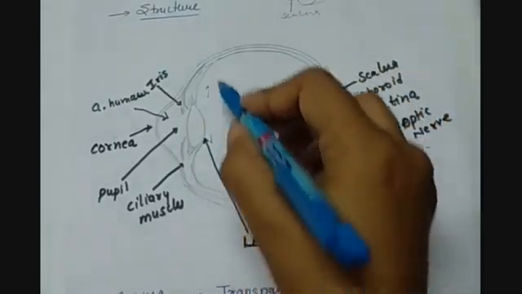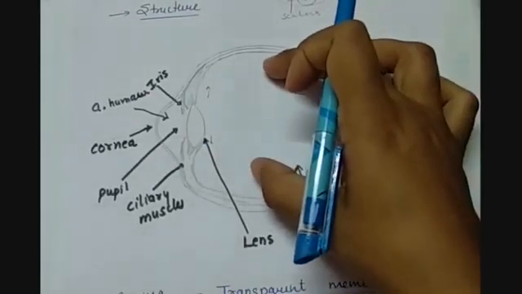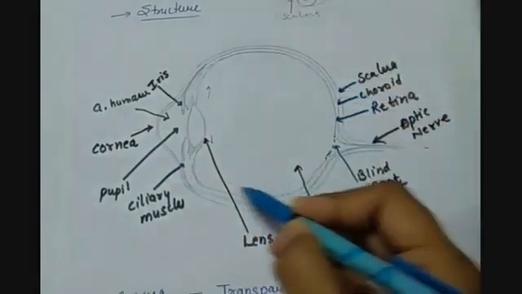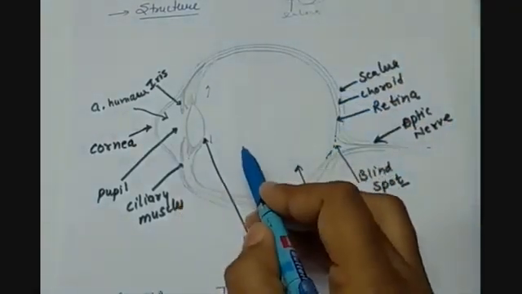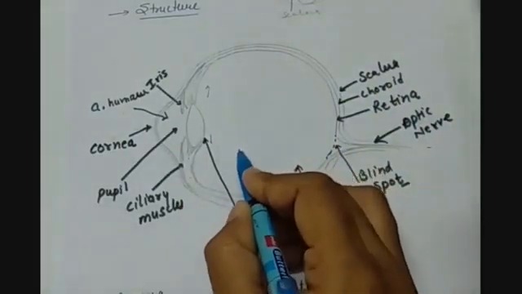Then we have this transparent portion of the eye, or this big eyeball is filled inside with a transparent water-like solution.